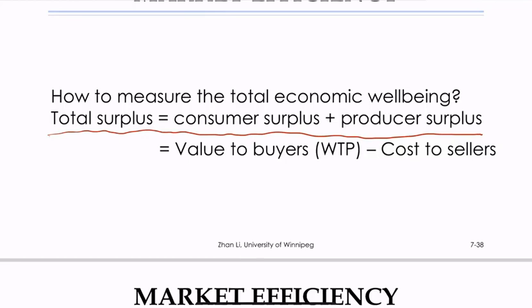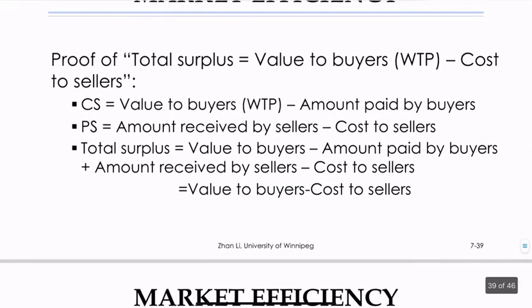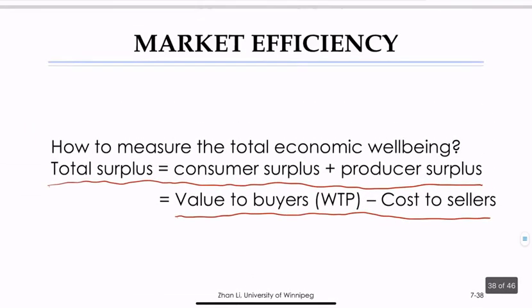And now you can see that consumer surplus plus producer surplus is also equivalent to value to buyers minus the cost to sellers. How do you get this result? You have a simple proof here, but I can show you. This is actually very easy to understand. We know that total surplus equals consumer surplus plus producer surplus.